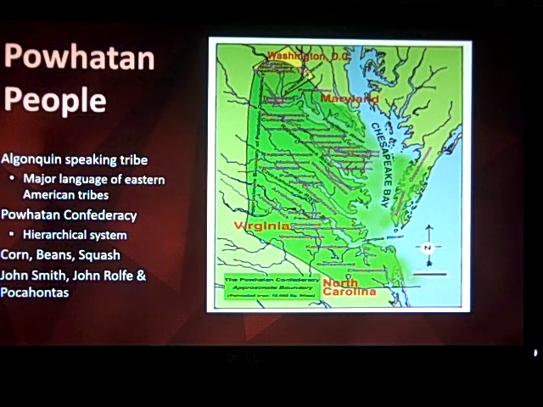The Powhatan people, like a lot of natives, are an agricultural group, right? So they're dealing with what's called in history the three sisters: corn, beans, and squash. Right? I'm assuming you know what corn and beans are. Squash, there's yellow squash and there's green squash. It looks a little like eggplant in a grocery store, kind of like a zucchini, but it's a vegetable that you could actually make a lot of different ways.